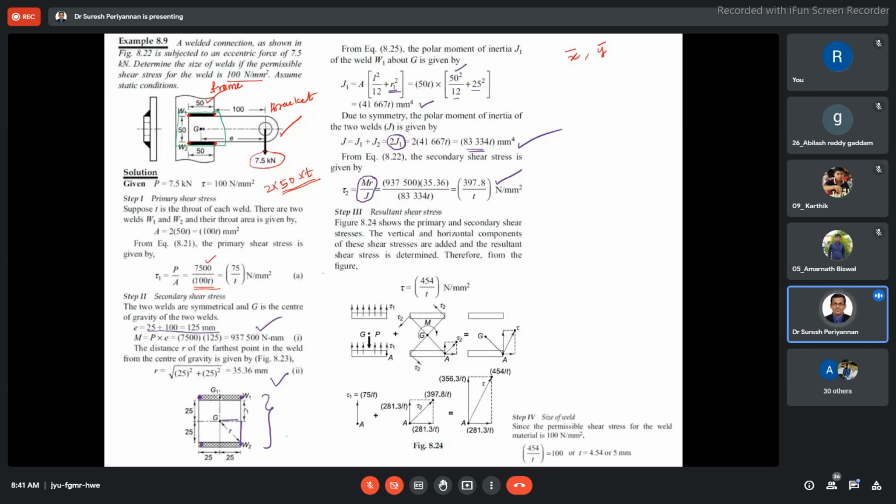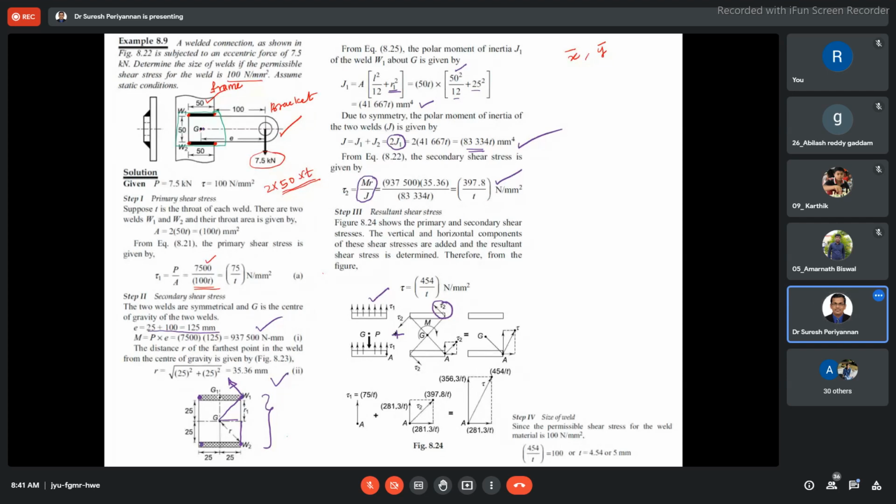Please come to this figure. This tau 2 is acting in this direction, in the resultant direction, and this is a perpendicular, right? Now my direct shear here is tau 1, plus, as we discussed in the earlier derivation, plus this one.